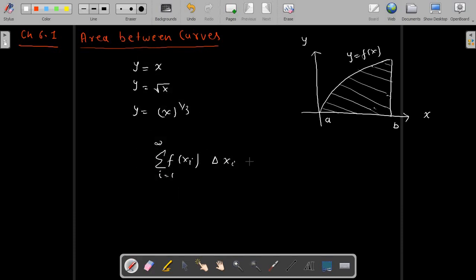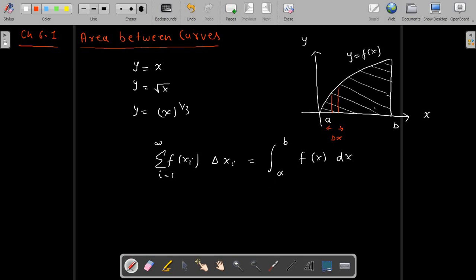You could completely write it as the integral from a to b of f(x) dx. If these rectangle strips start becoming very small, what does delta x become?